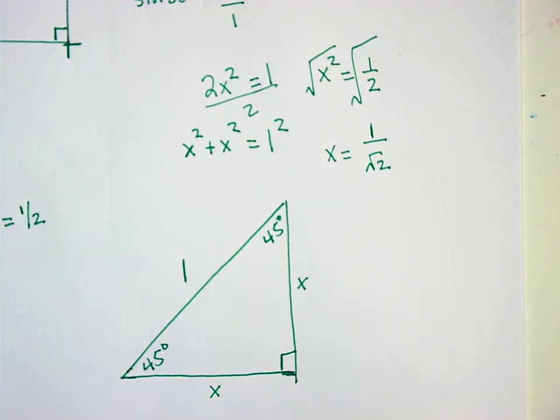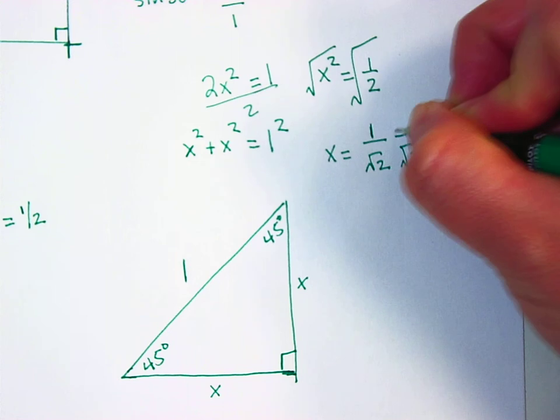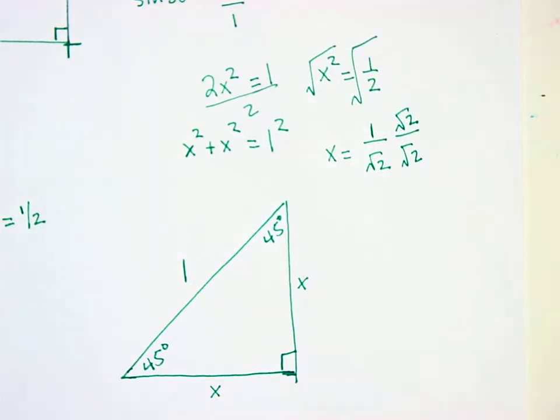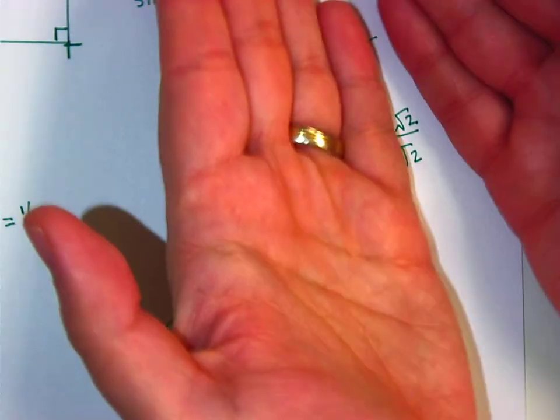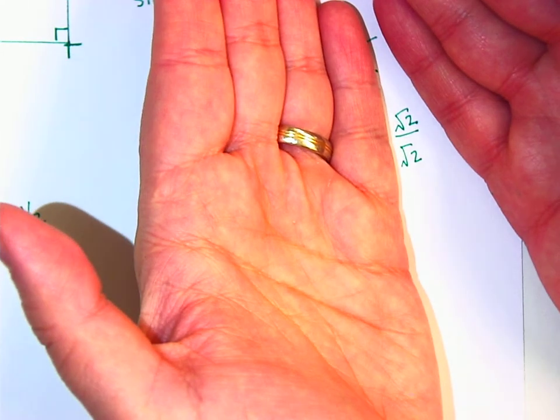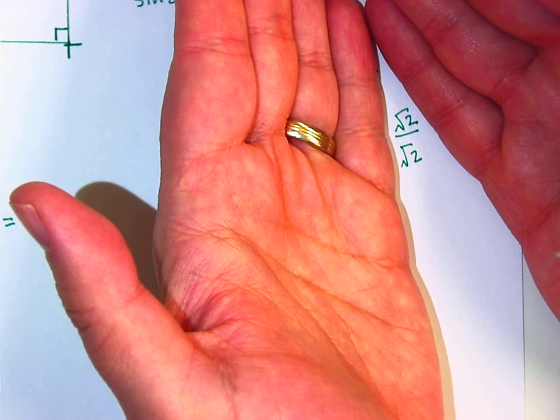And here's an easy way to always solve this, and this is called rationalizing the denominator. So I'm going to multiply by the square root of 2 over the square root of 2. The square root of 2 over the square root of 2, that right there, that's 1. Do you understand what I'm saying?